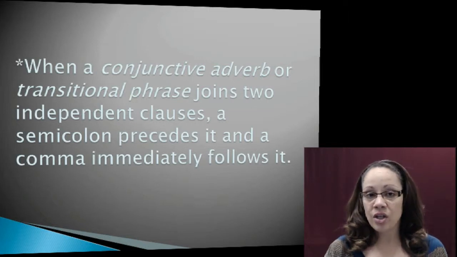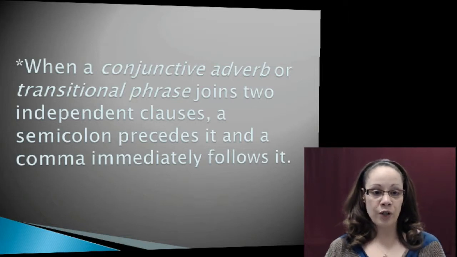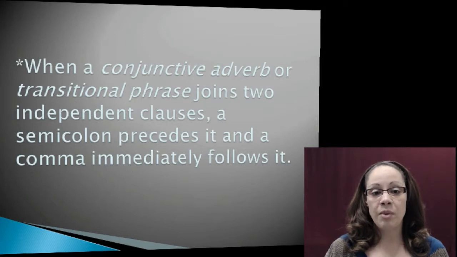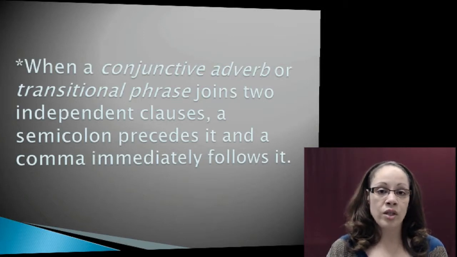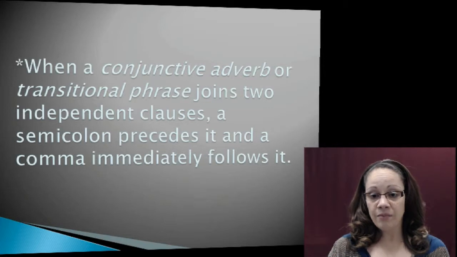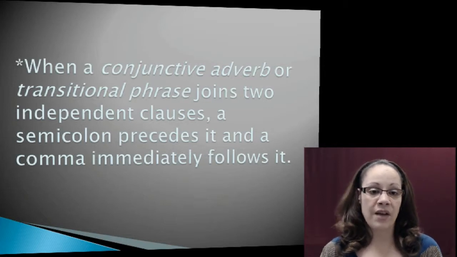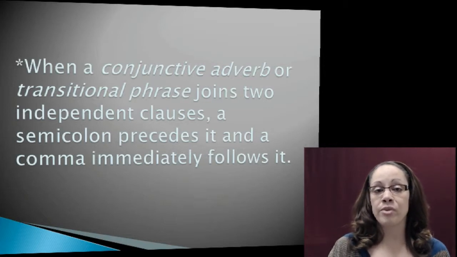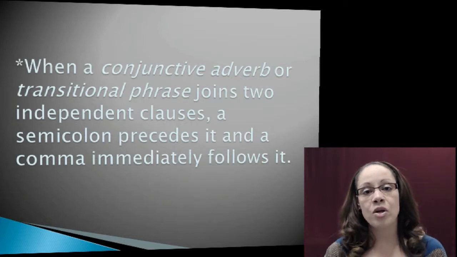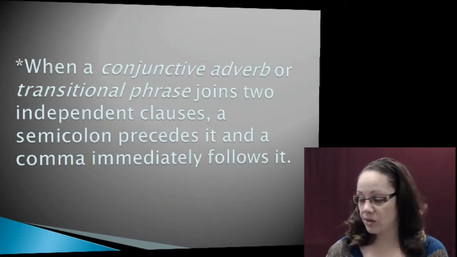So you use a transitional phrase or conjunctive adverb between two independent clauses. A semicolon precedes it, which means a semicolon comes before it and a comma goes right after that word or phrase.